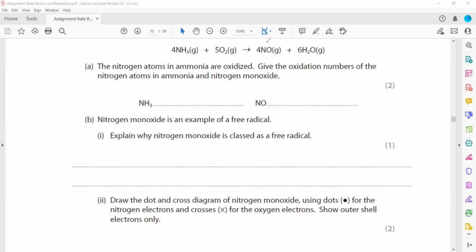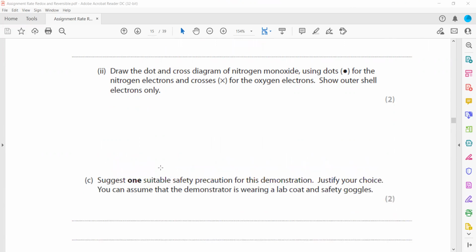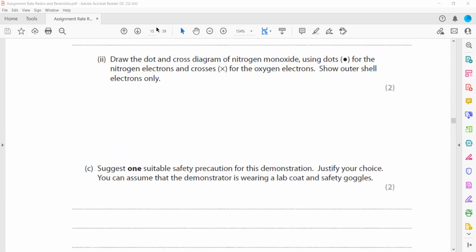Then the next part, we have to draw a dot and cross diagram for the outer shell of NO, nitrogen monoxide. There is one oxygen and we have to use dot for nitrogen and cross for oxygen. Oxygen belongs to group 6, so it will share 2 electrons.